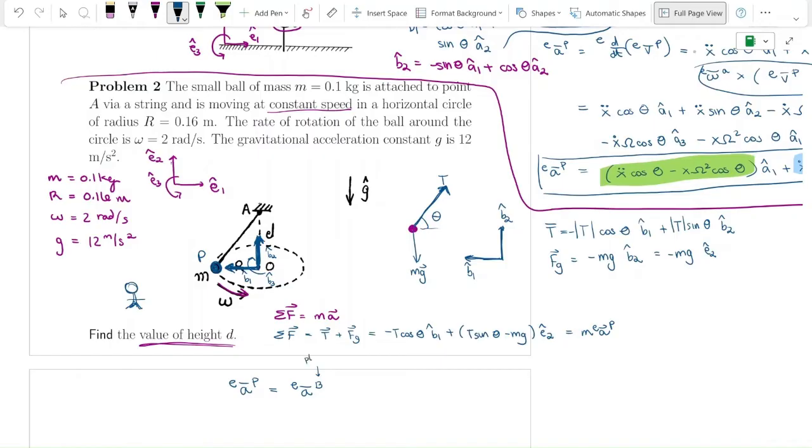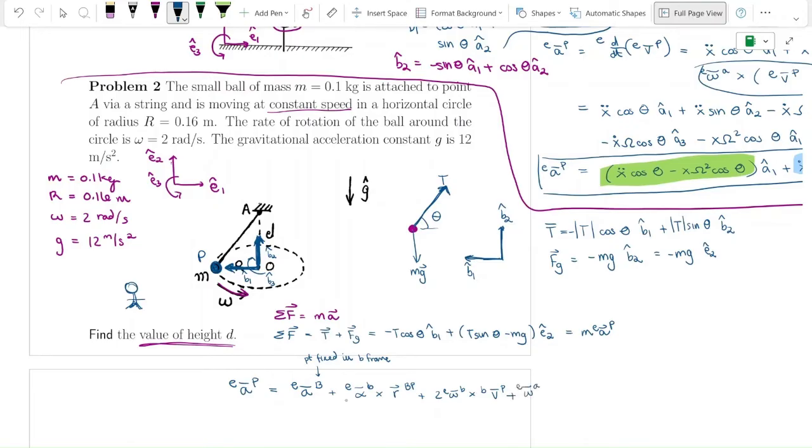So B is just a point fixed in the B frame. And then we plus the angular acceleration of that frame, so the B frame, with respect to the E frame, cross with the position vector from point B to P, and then we add to omega of B and E, cross with the velocity of point P with respect to the B frame, plus, this is extremely long.